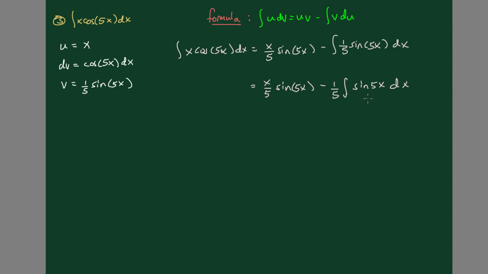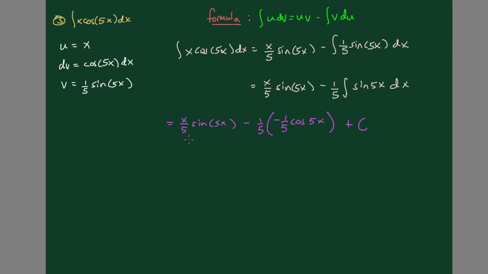So the integral of sine of 5x dx is just going to be negative 1 over 5 cosine of 5x. So let's go ahead and write this as this is equal to x over 5 sine of 5x minus 1 over 5, and then times the integral of this, which is just going to be minus 1 over 5 cosine of 5x, and then plus c.